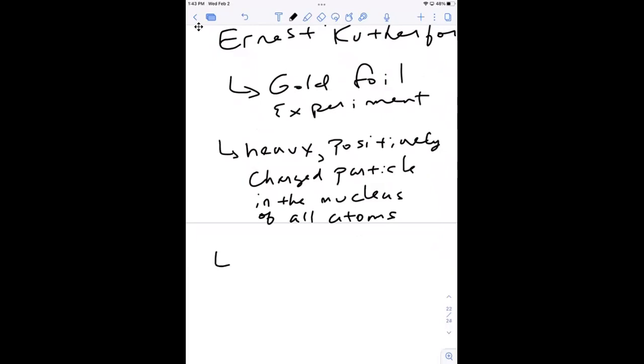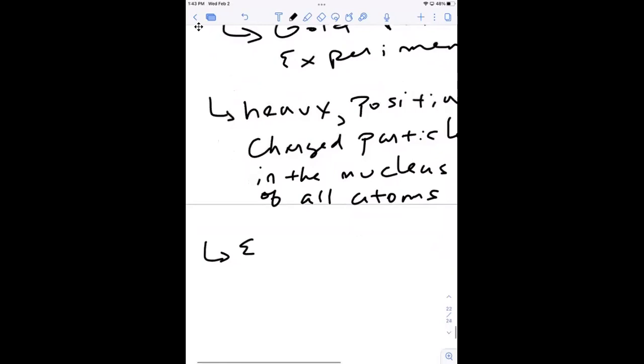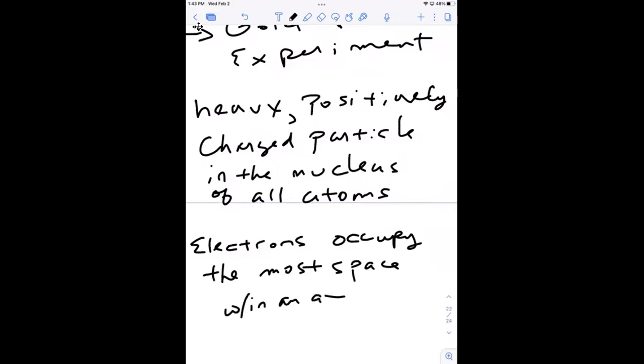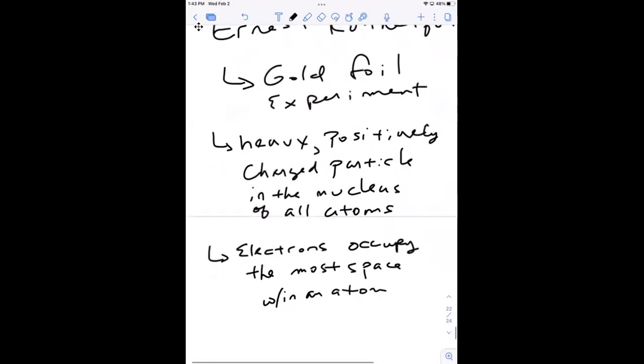What he also found out was that electrons, right? They occupy the most space within an atom.